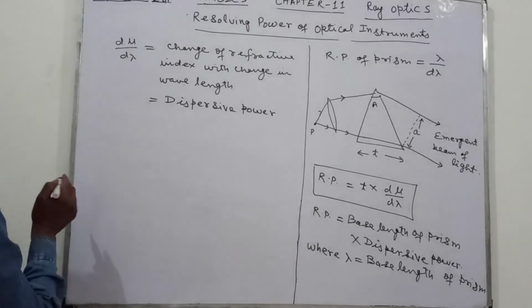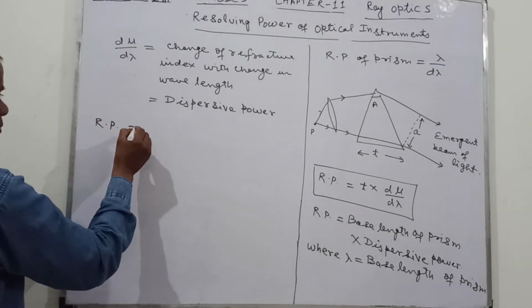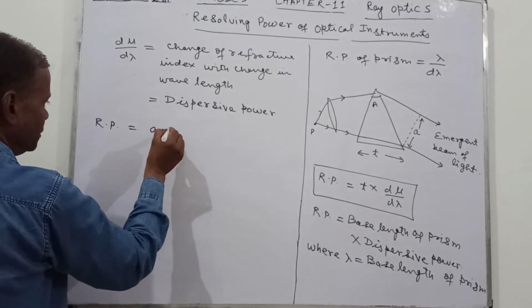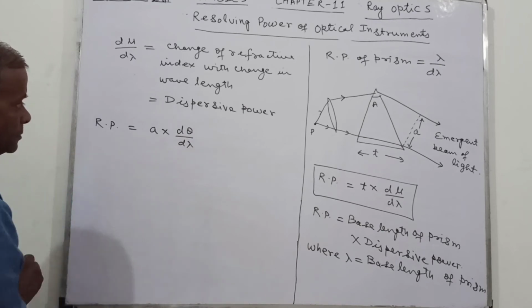And now we can also write that this Rp is equal to A into d theta upon d lambda.